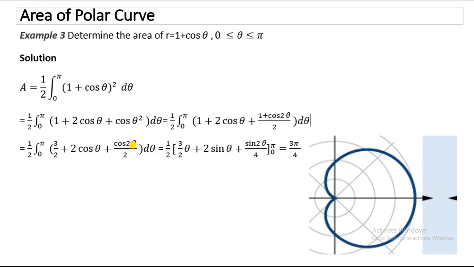Integration of cosine 2 theta is sine 2 theta over 2, multiplied by half, which gives 4. Substitute theta equal pi and theta equal 0. I will have 3 over 2 multiplied by pi, and sine pi, sine 2 pi, sine 0 are all 0, so I will have 3 pi. Therefore, the result of this area is 3 pi over 4 units.